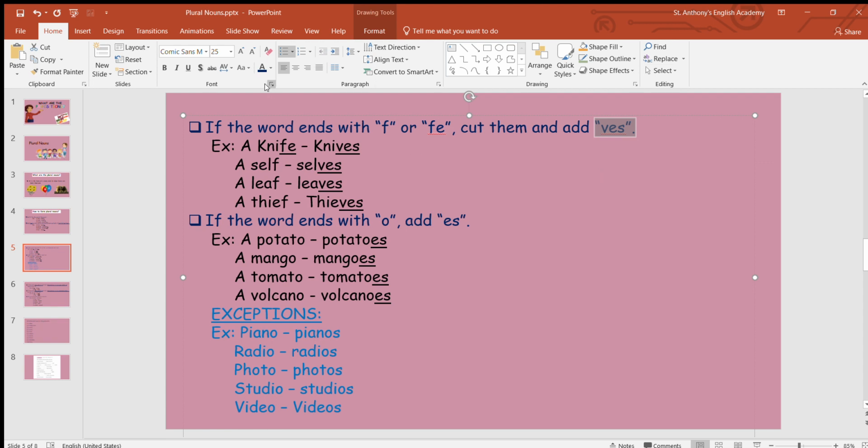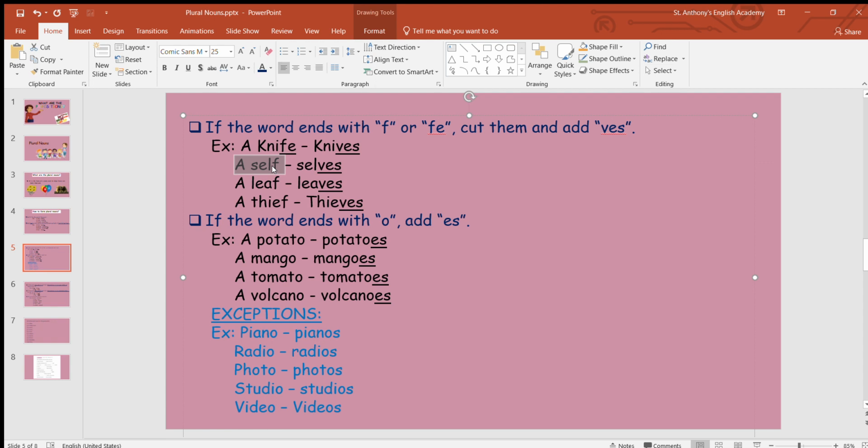Look at the example. First example is a knife. What are the last two letters? F and E. You need to cut this FE and add what? VES. So the plural noun of a knife is knives.